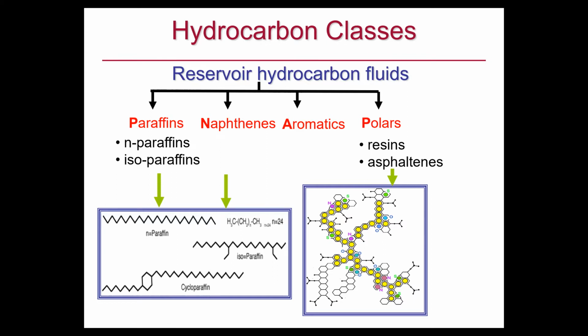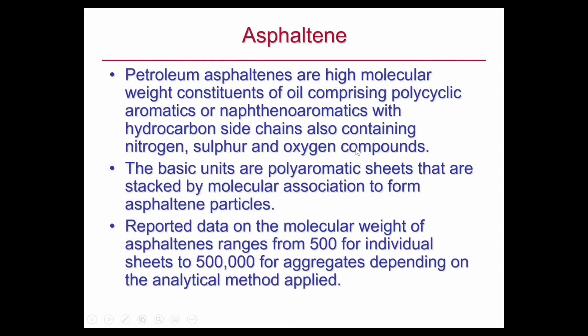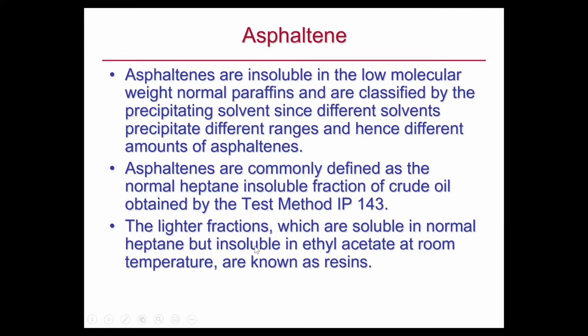Basically, they are solid, but they are being kept in small colonies, separated from each other by a compound called resin. They are very big components, with molecular weight from 500 to 500,000.